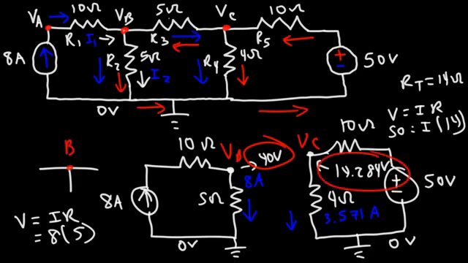So therefore, if we add this resistor in this circuit here, between points B and C, it stands to reason that VB will still be larger than VC. So therefore, the current will be flowing from point B to point C, from a high potential to a low potential. So let's get rid of this arrow.